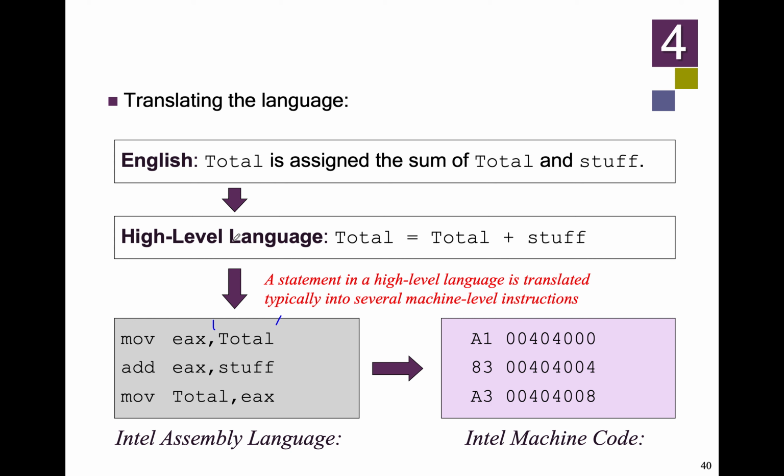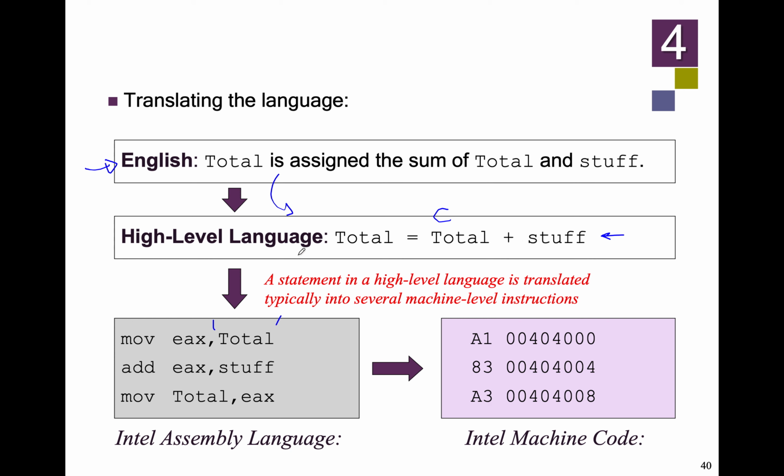In English you have: please total up and assign the sum of your total with your staff. This is in a sentence. And for your high-level language, which is C programming, you have only one single line, which is total equal to total plus staff.